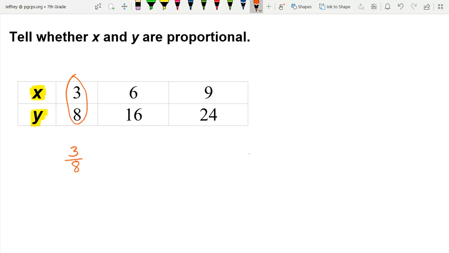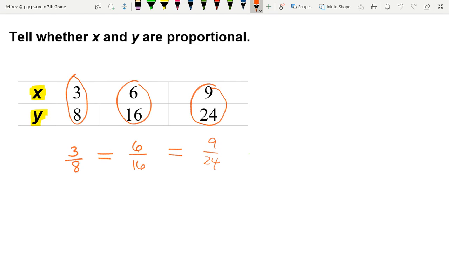And 6/16 would be another ratio, and 9/24 would be another ratio. So your x values and your y values. Now, are these equivalent? That means, do they form a proportion?